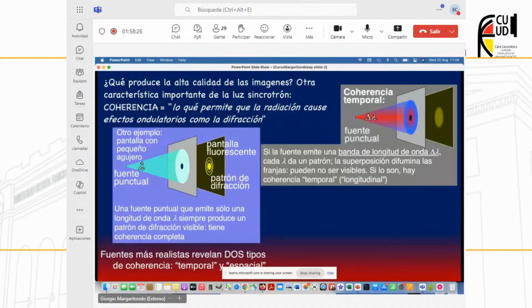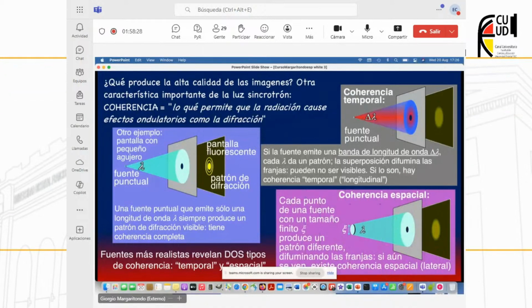Now I'm ready to go to the second one, which is the spatial coherence. In this case, what you can imagine is that each point of the extended source is producing a different diffraction pattern. Once you see what happens on the fluorescent screen, you realize that you're going to have a superposition, and the superposition may or may not allow you to still see fringes.